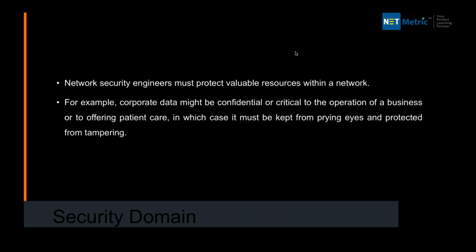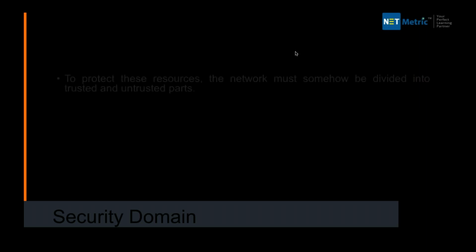For example, corporate data might be confidential or critical to the operation of a business or to offering patient care, in which case it must be kept from prying eyes and protected from tampering. So basically we want our critical data to be protected. But to protect that critical data, what do we require and from whom do we want it protected? Let's understand that.